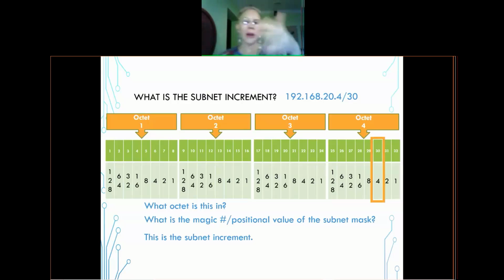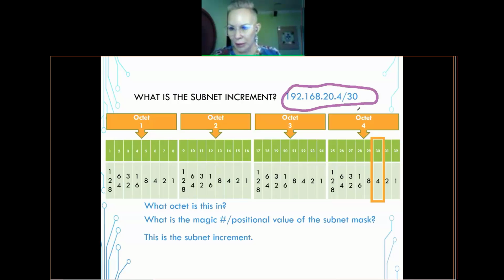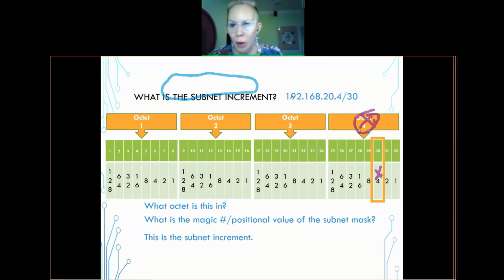So what this tells me is that if I need to get another network, I can take this network right here and increment it by 4 in the 4th octet. What would that look like? I would just add 4 to the 4th octet to get the next network, 192.168.20.